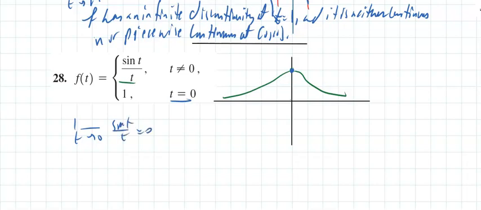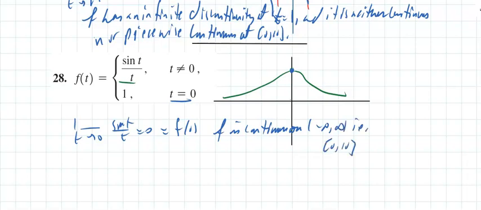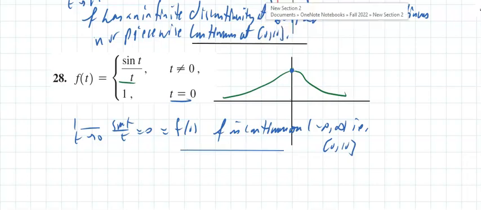We know that from calculus, and that is f of 0. So f is continuous on negative infinity to infinity, and specifically on 0 to 10, which is what they're asking about. There's no restriction on this problem. And that's pretty much it for this section.